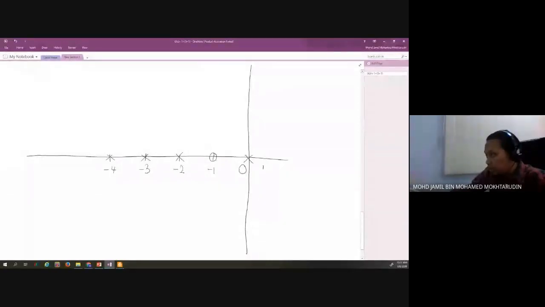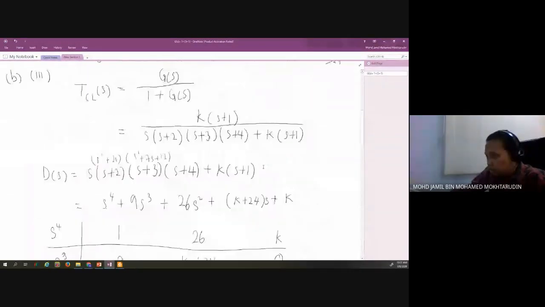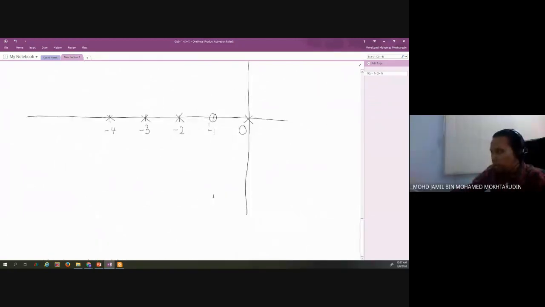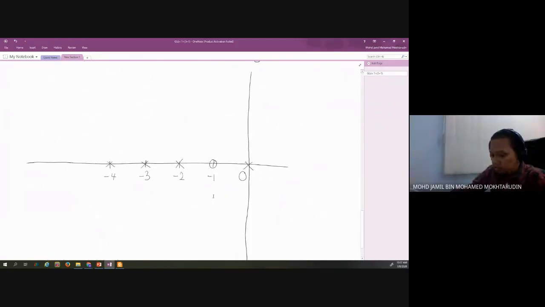And then the second thing you need to do is to put the asymptote. Okay, asymptote is at minus 8/3. Angle pi over 3, pi, and 5 pi over 3. So negative 8/3 is somewhere around 2.6, so it's somewhere here.